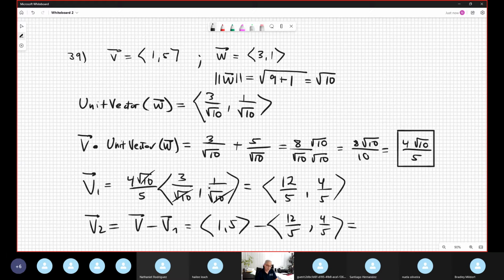So we have negative 7 over 5. Where does the 7 come from? Well, this is 1, which in my mind I suppose is 5 over 5, in order to find the least common denominator. So 5 minus 12 is negative 7, and here is 25 over 5, and minus 4 is 21. 21 over 5. Do you understand where I come from with that number?